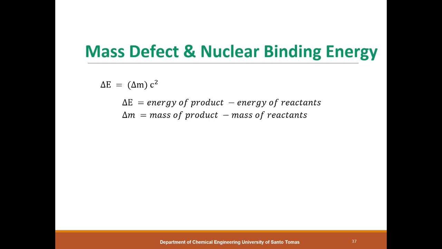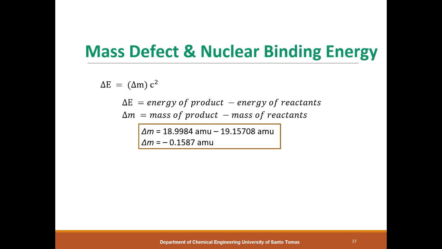Thus, the change in mass for our fluorine-19 is given by delta m, which is equal to 18.9984 atomic mass unit minus 19.15708 atomic mass unit. This results in a negative 0.1587 atomic mass unit difference in mass.